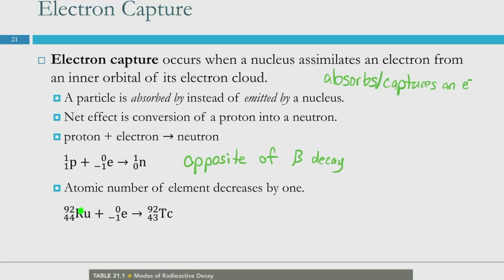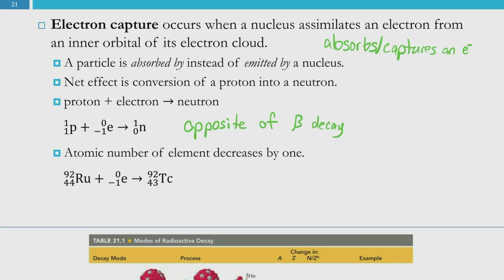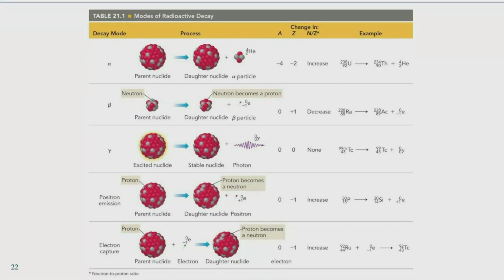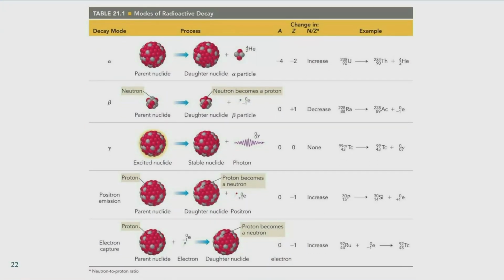So ruthenium 92 turns into technetium 92, for example. And then here's a convenient table from the book that's got those 5 types of radioactive activity.